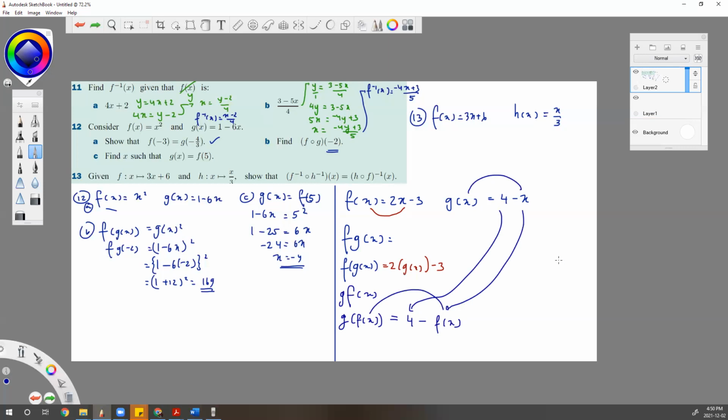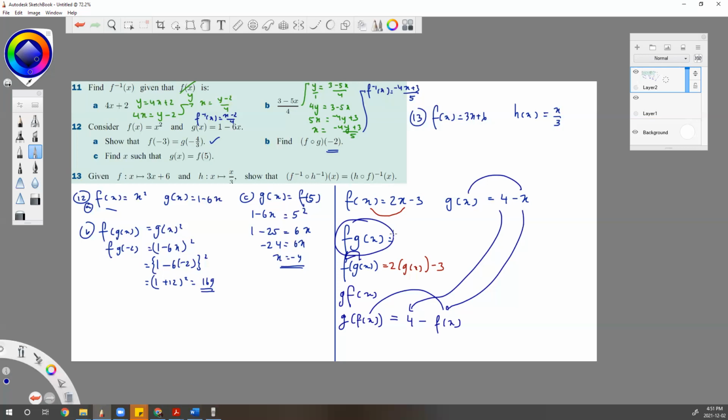Okay, composite means function inside the function. How's it, Vicky? So f of g of x is basically putting the g inside the f(x). Yep. f of g means putting g inside of f.